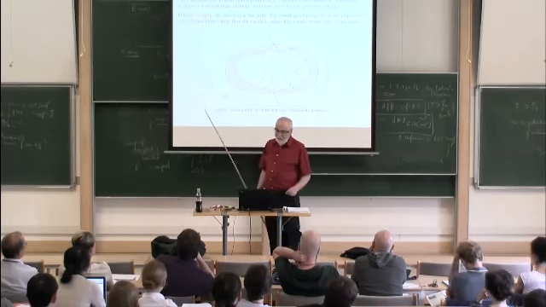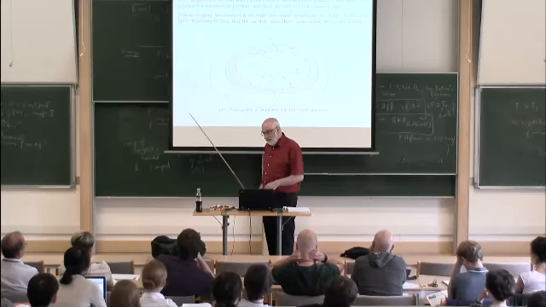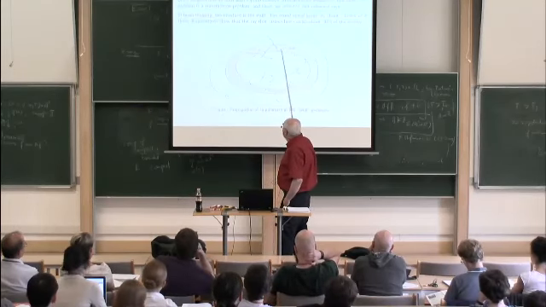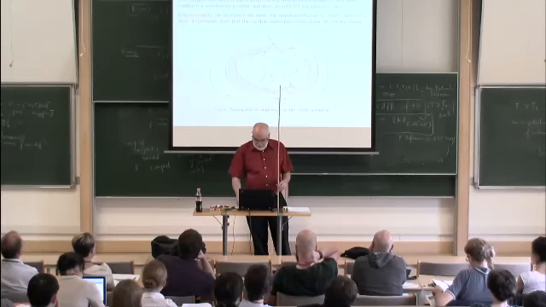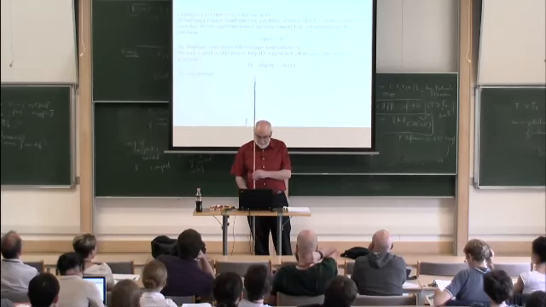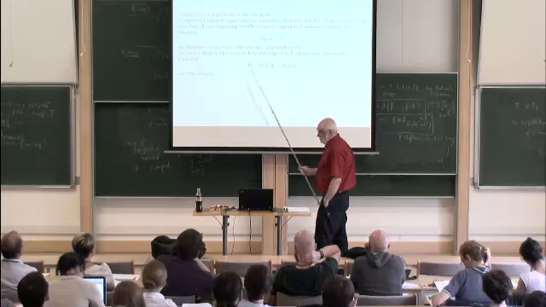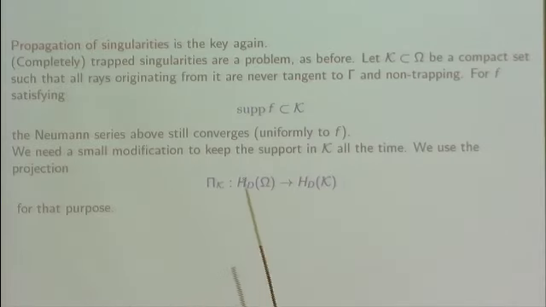So we're going to assume that you have a function f here such that the rays, even though they may be broken many times, arrive at the boundary. In that case, you can get a good reconstruction. So as I said, propagation of singularities is the key, and trapped singularities are the problem.